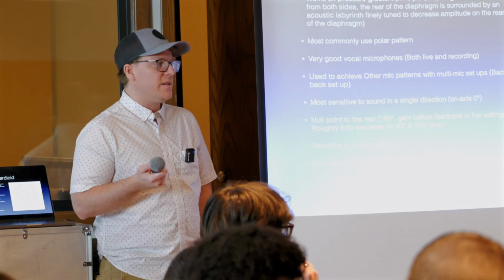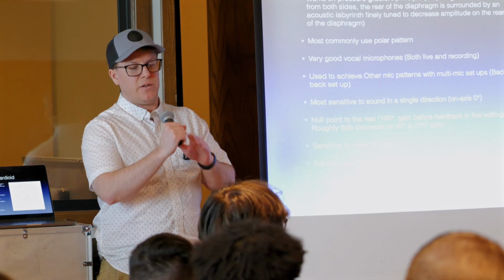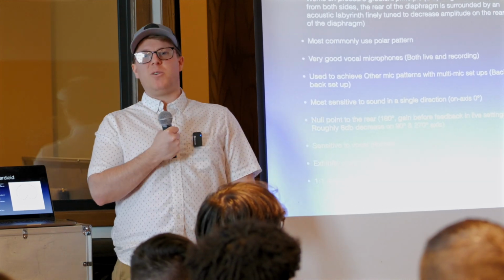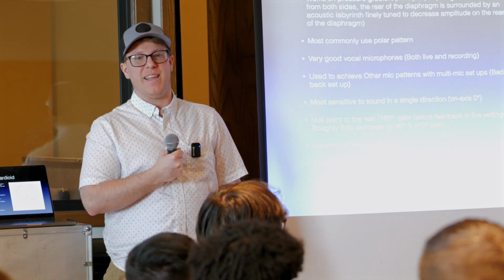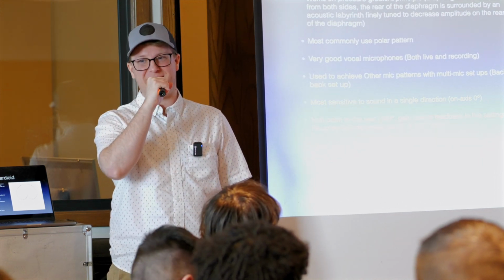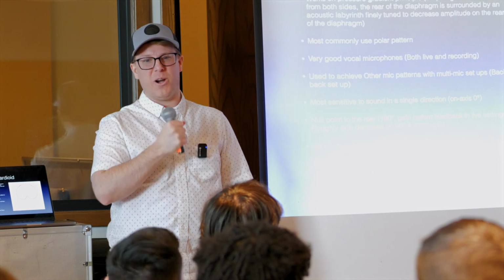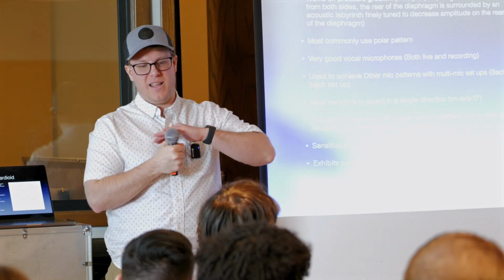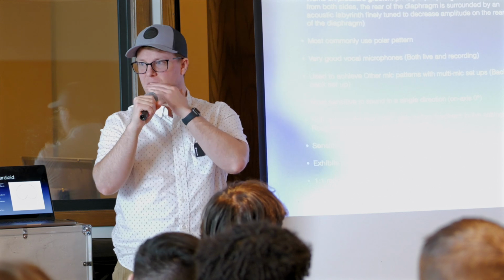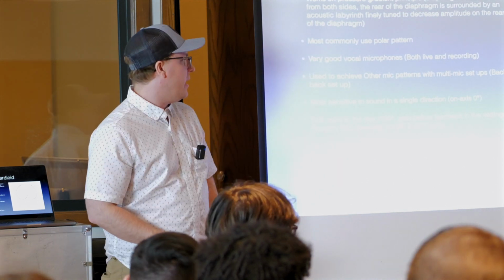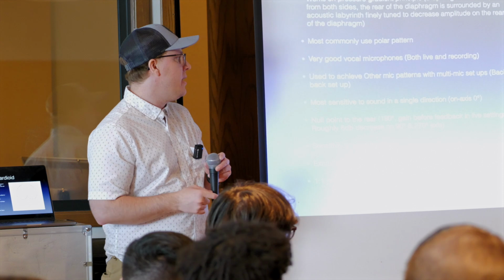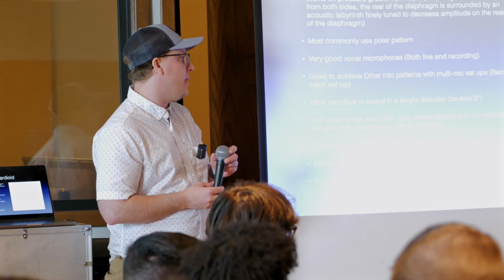They're most sensitive to sound in a single direction, directly in front. That's why if you're running board, and your vocalist is singing like this, you say, hey, get your mic up in front of your face, because if they're like this, it's not really going to capture what the voice sounds like. The null point is at the rear of the diaphragm at 180 degrees.